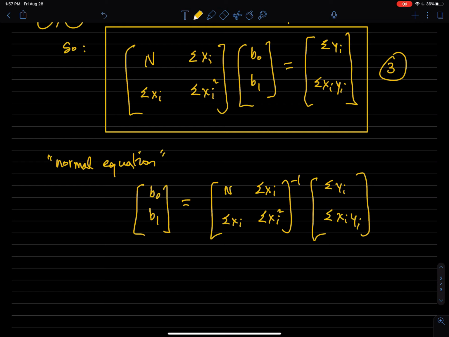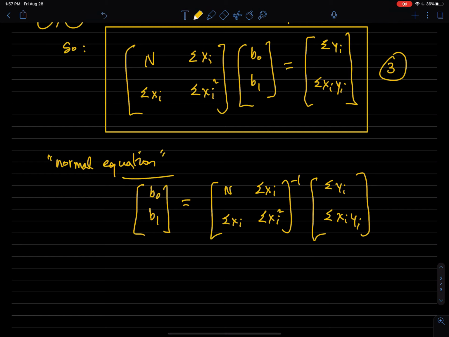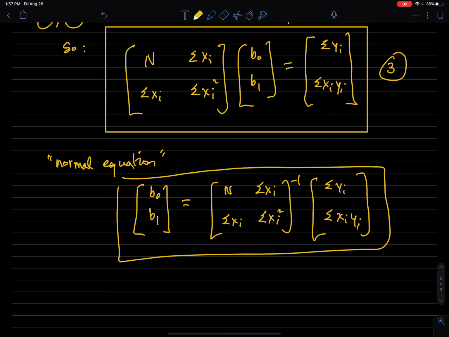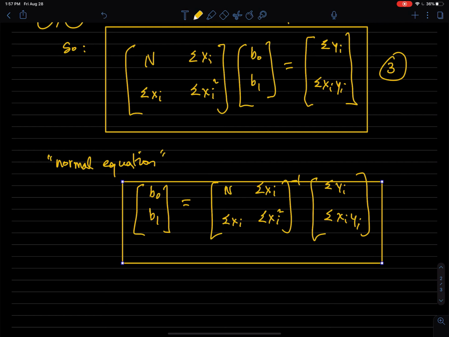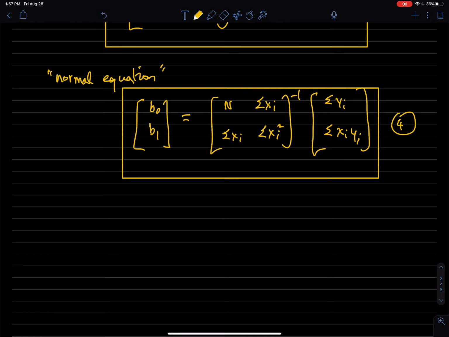Okay, so that expression is basically the solution. These are the best possible values for b naught and b1.